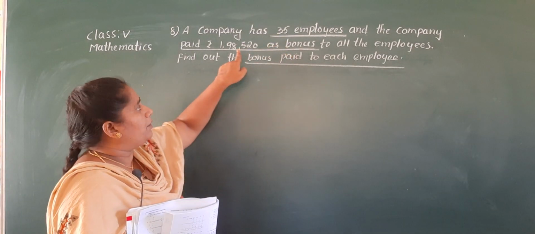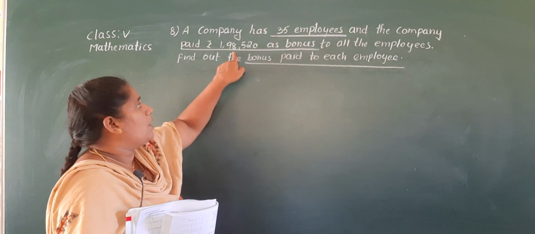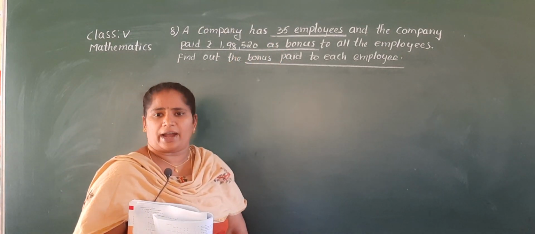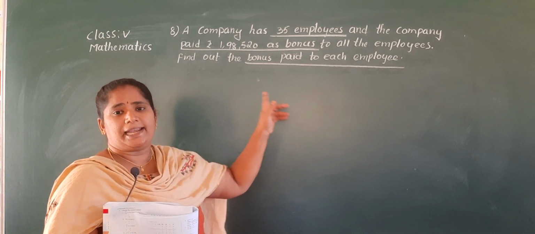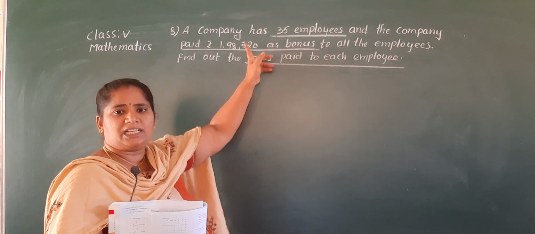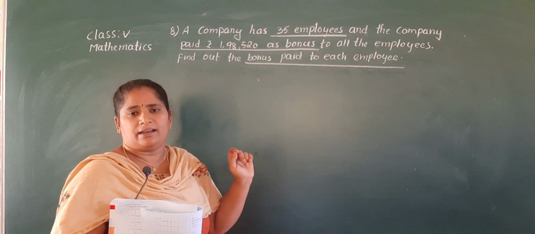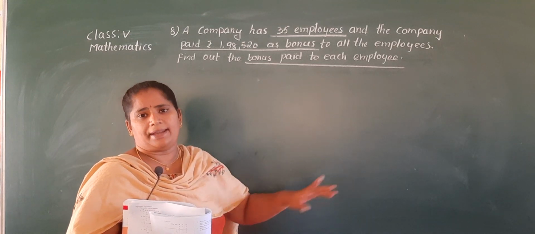The amount paid as bonus to 35 employees is 1,98,520. Now we have to find the bonus paid to one employee.